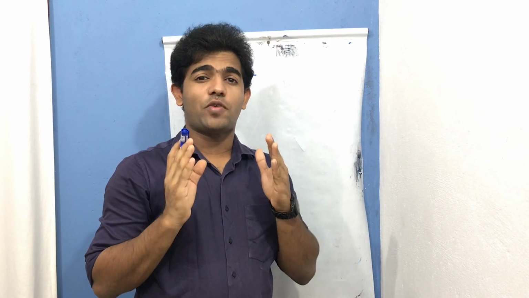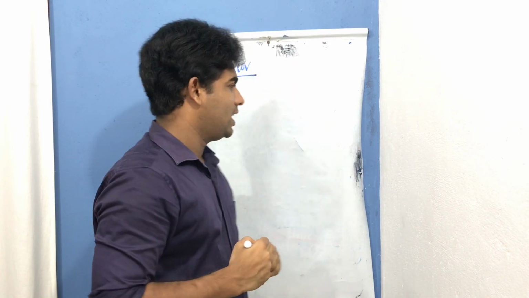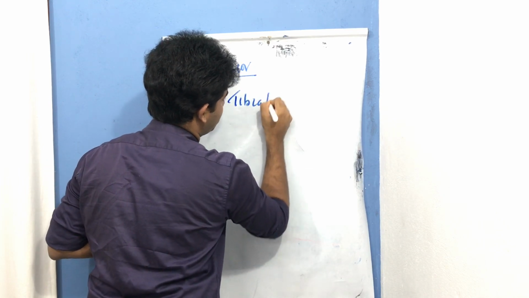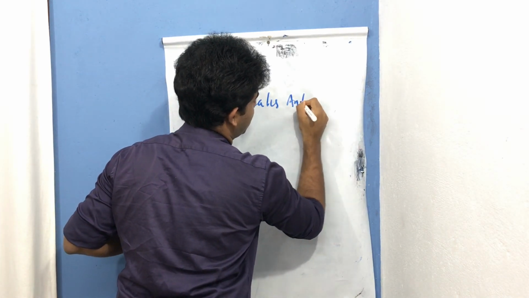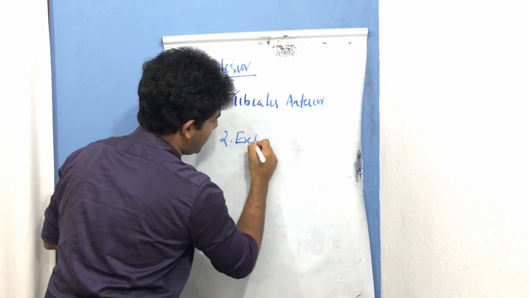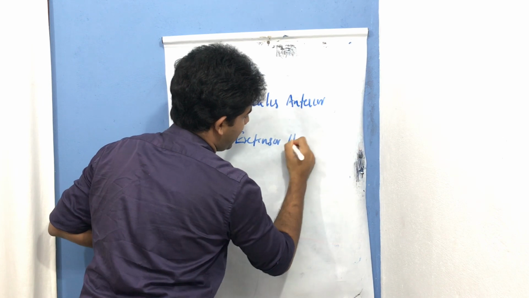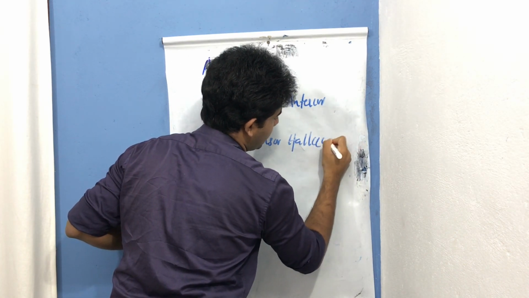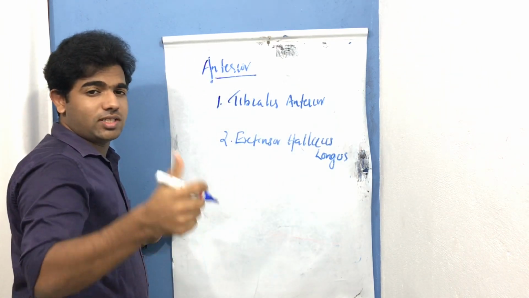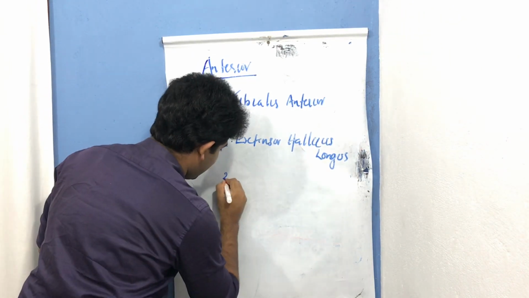Yes, the muscles of the anterior compartment of the leg. The first one is the tibialis anterior. The second one is extensor hallucis longus. You know that hallucis refers to the big toe; pollicis refers to the thumb.